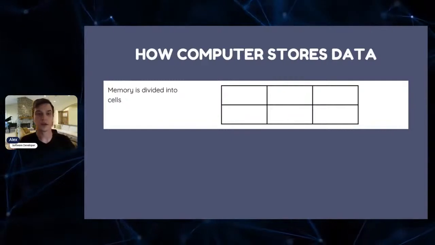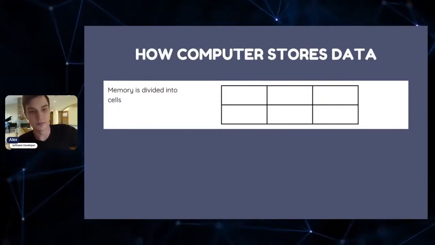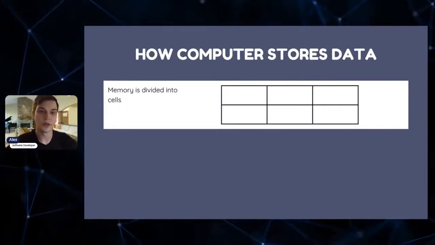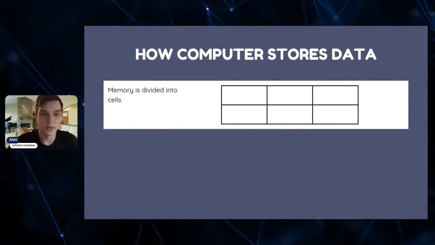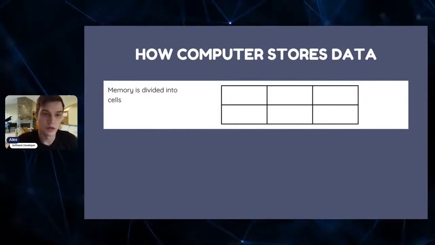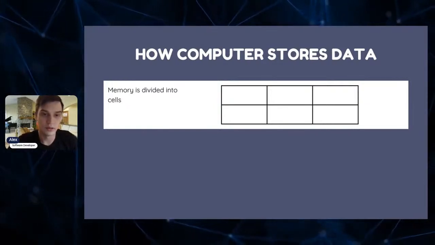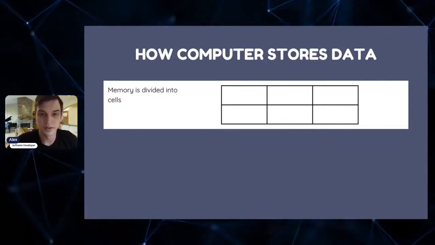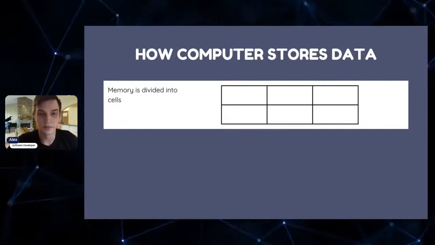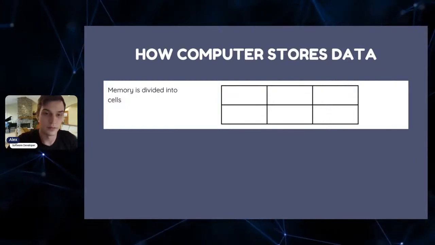Let's start. Before we discuss the low-level communication of the computer, the really important thing is to understand how a computer stores data. The memory in the computer is divided into cells. As you see in these pictures, here are 6 cells. In the cells there can be something or there can be nothing.